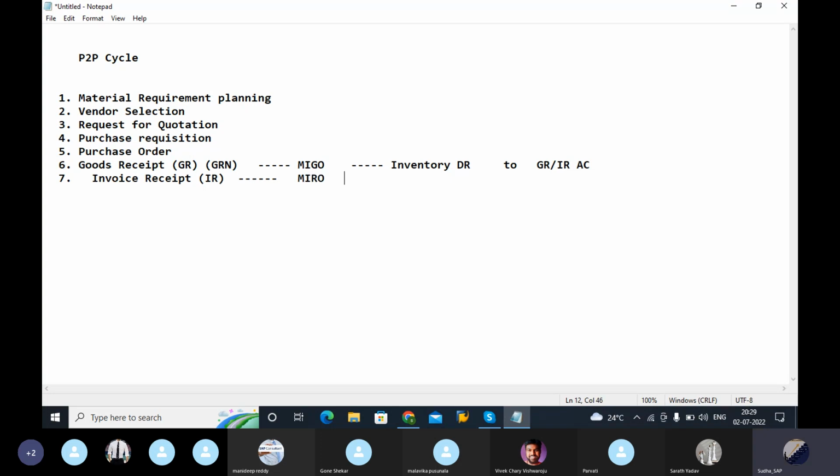Here also a journal entry is there. The entry will be GRIR account debit to vendor account.